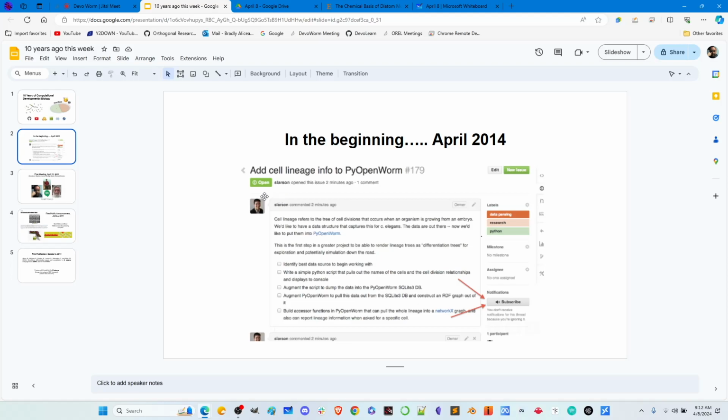But back then, he was managing issues on OpenWorm, and they were doing things with the worm simulation and with PyOpenWorm, which is just the Python version of OpenWorm. There was an open issue in their GitHub repository, issue number 179, which he opened in response to what we wanted to do. So we had a meeting with Steve Larson, and he talked about incorporating something into OpenWorm that was developmental.